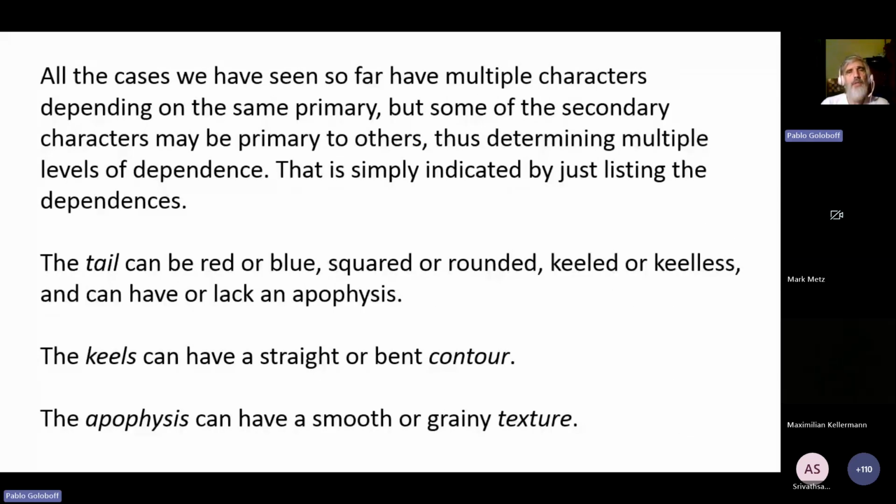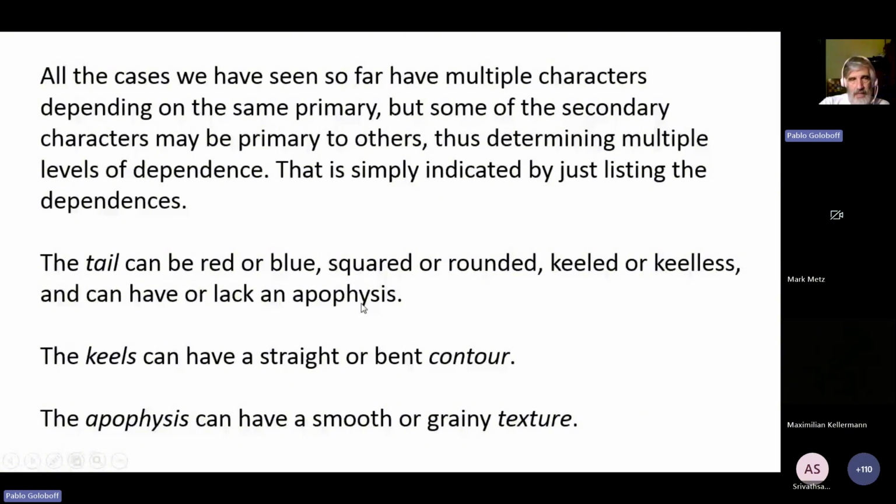All the cases we have seen so far have multiple characters depending on the same primary, but some of the secondary characters may in turn be primary to others, thus determining multiple levels of dependence. And that can be indicated by just listing the dependencies. Suppose then that you have a tail which can be red or blue, squared or rounded, keeled or keelless, and can have or lack an apophysis.